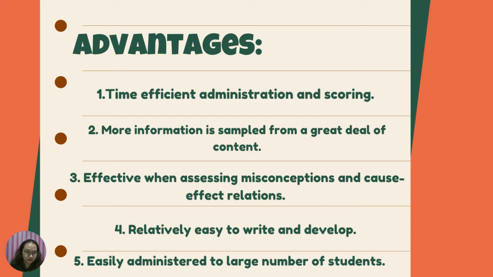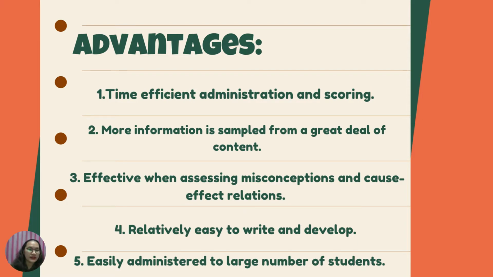So if as teachers, we're going to assess their misconception, or test if they really understood it or not, true or false test is an effective way of assessing it.